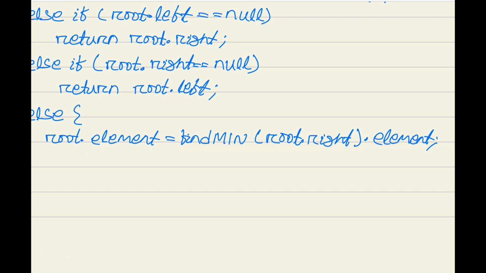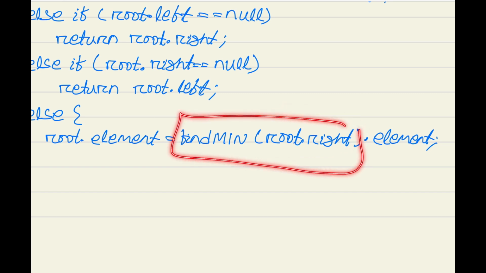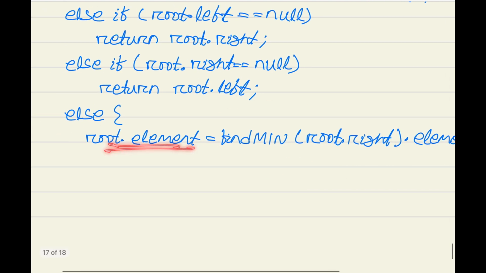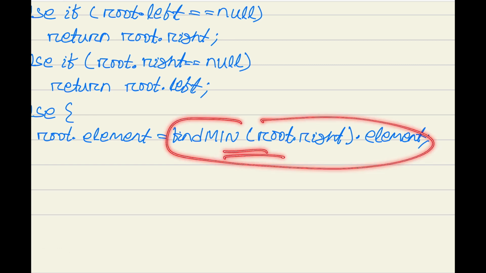Then that minimum value's element is copied to the root dot element. Now we are going to delete this minimum value that we found from the right subtree.